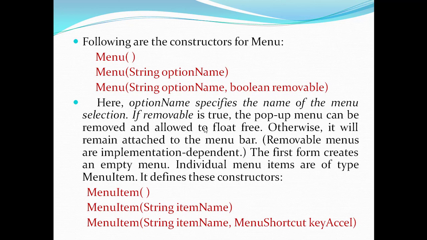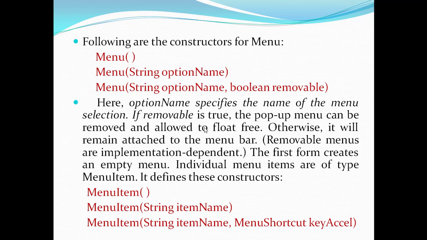Individual menu items are of type MenuItem. It defines these constructors: MenuItem() default constructor, MenuItem(String itemName), and MenuItem(String itemName, MenuShortcut keyAccel).